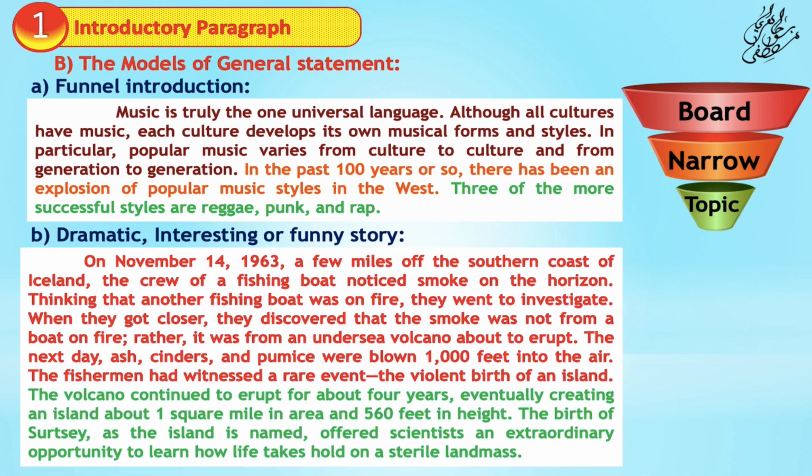Secondly, a dramatic, interesting or funny story is another model of general statement, used to grab the attention of the readers. Before going to discuss the other models, I recommend these 2 types for students whose English level is not good enough. And these are the most frequent paragraphs written by the students.